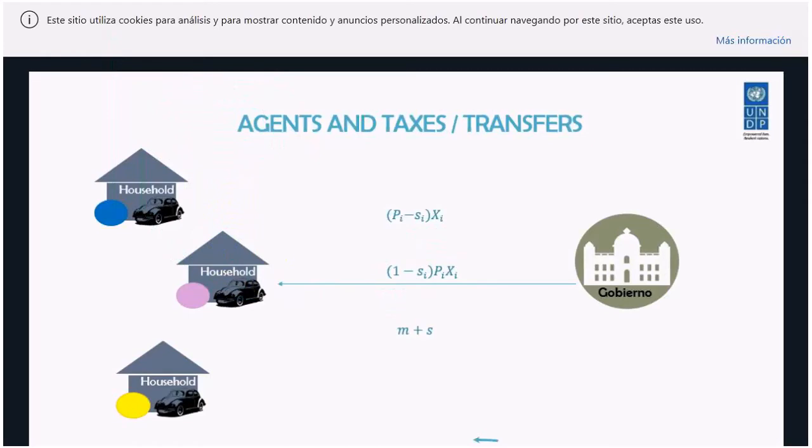Okay, so technically, how to add and subtract the different transfers and subsidies.